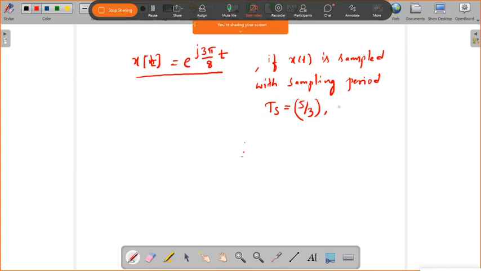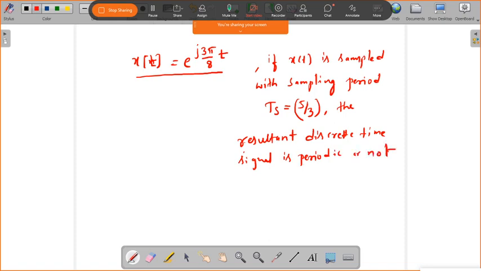the resultant discrete time signal, is it periodic or not?